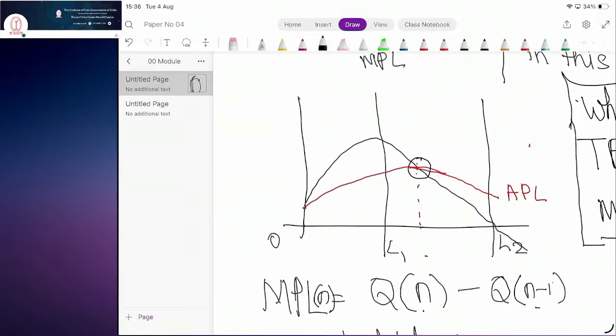It's a true and false question. Production function refers to the relationship between inputs and output. Correct. Dash is a gift of nature. Please write what is the answer. Which factor of production? Yes, land.